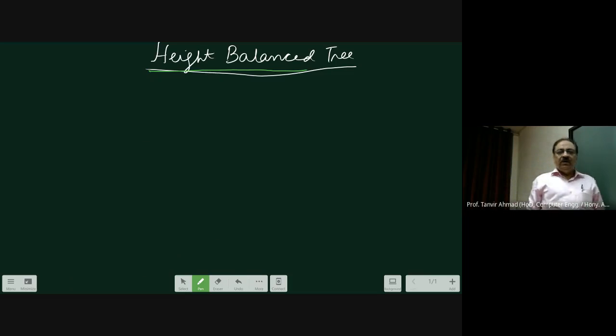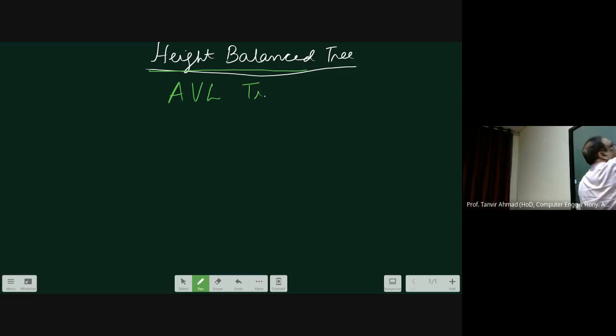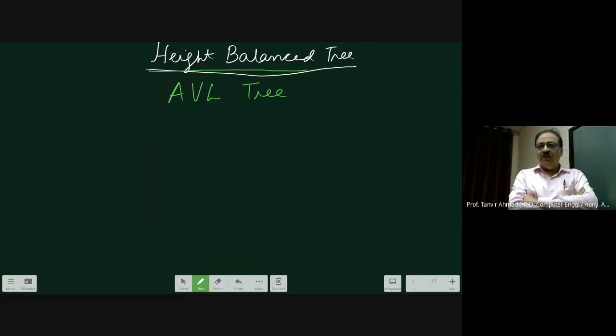Now, this is also called an AVL tree because it was invented by Adelson, Velsky, and Landis. They are the people who made this AVL tree, and therefore by their name we call it an AVL tree. Also, height balanced tree is the general name.